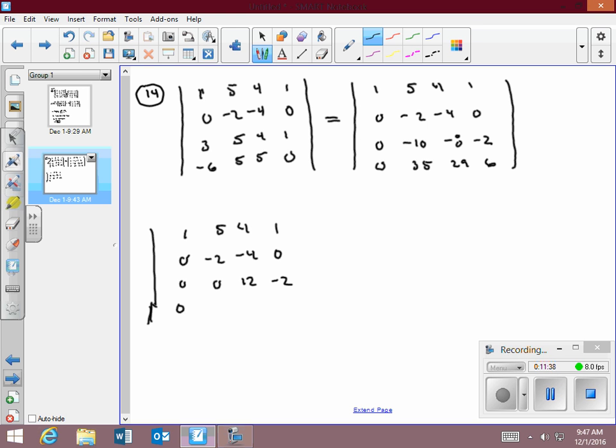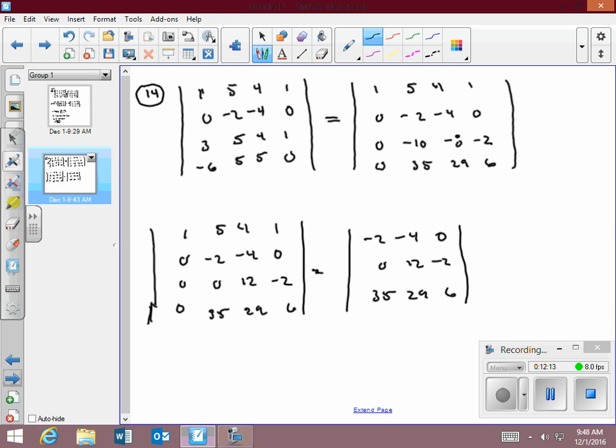Well, as long as I'm on this route, I just will finish it. I'm not going to do what I started out to do. I'm going to get the cofactor, minus 2, minus 4, 0, 0, 12, minus 2, 35, 29, and 6. So I got myself a big mess, don't I?